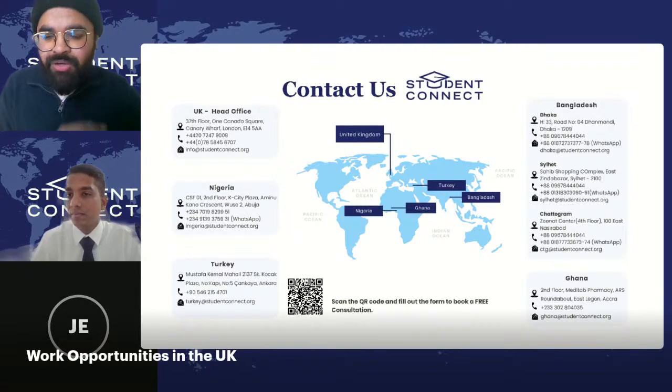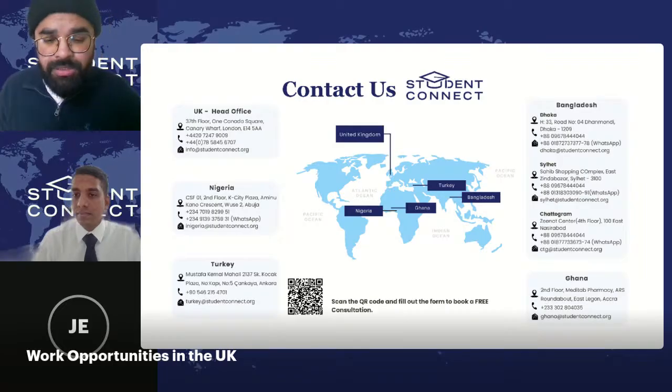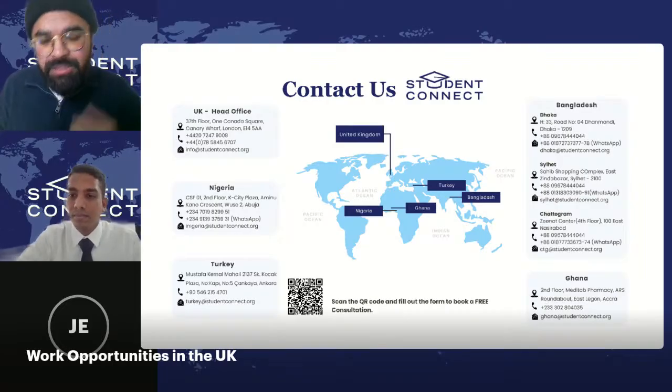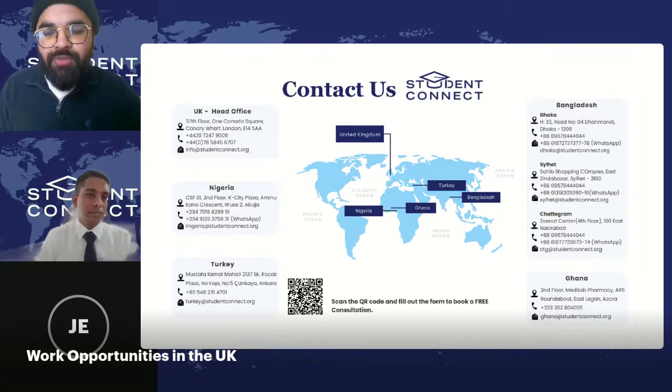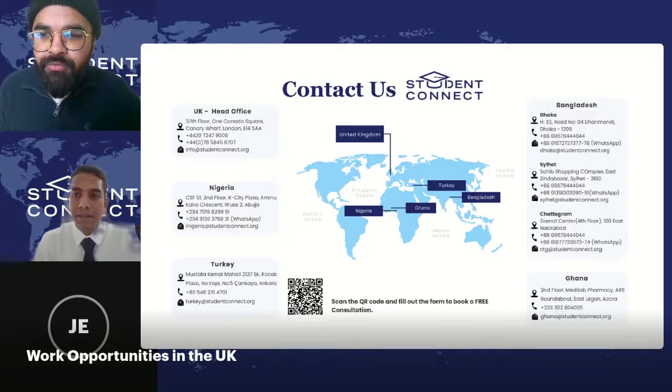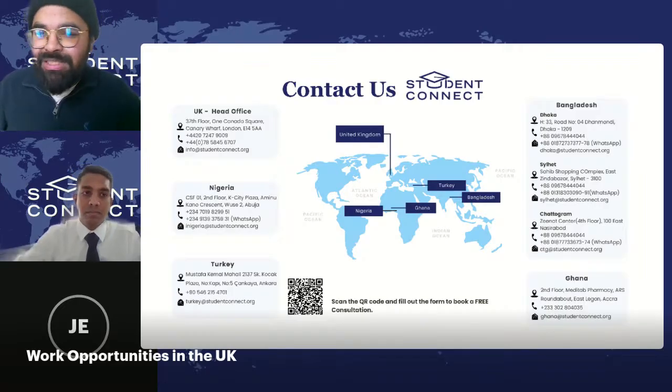Some universities provide a 6,000 scholarship as well, but for that you have to have very good results, and also you have to pay the deposit quite early.